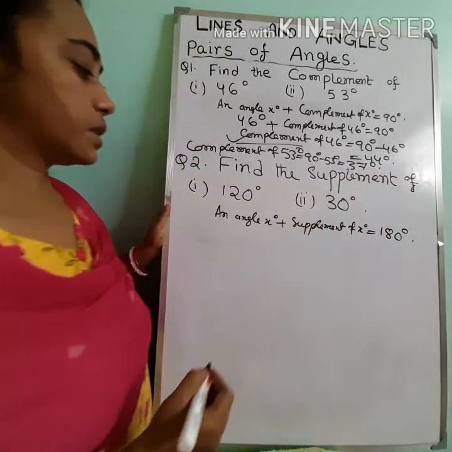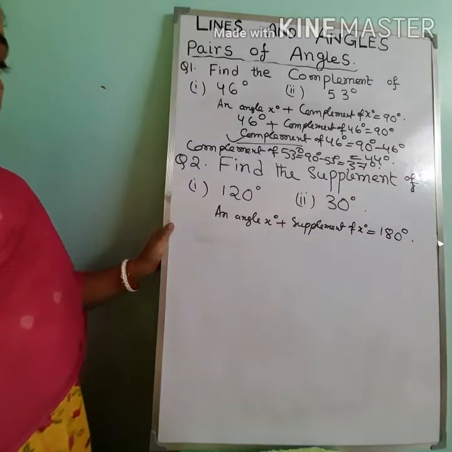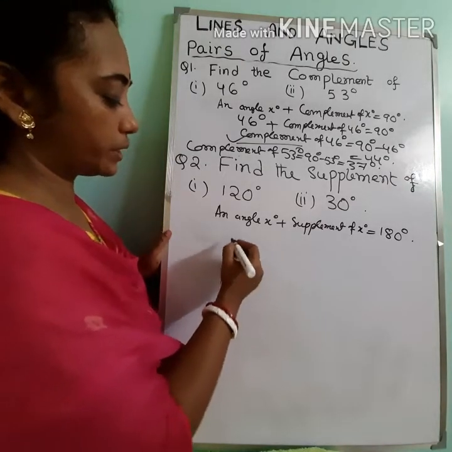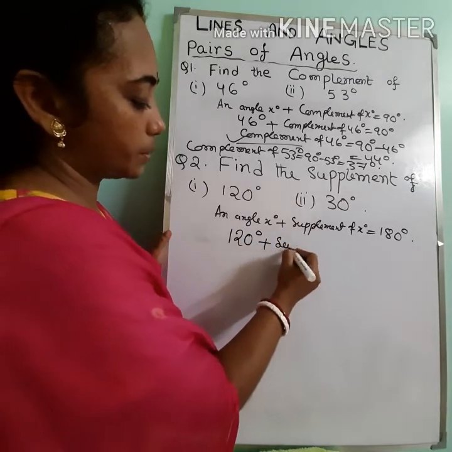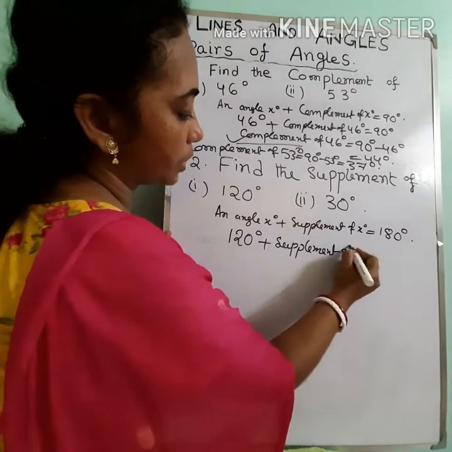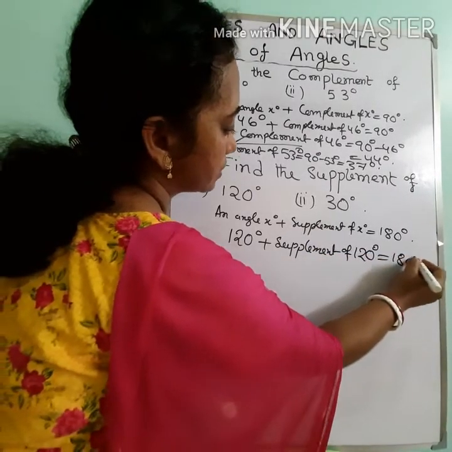So an angle with measure x degree plus supplement of x degree is equal to 180 degree. So here we have to find out the supplement of 120 degree. So 120 degree plus supplement of 120 degree is equal to 180 degree.